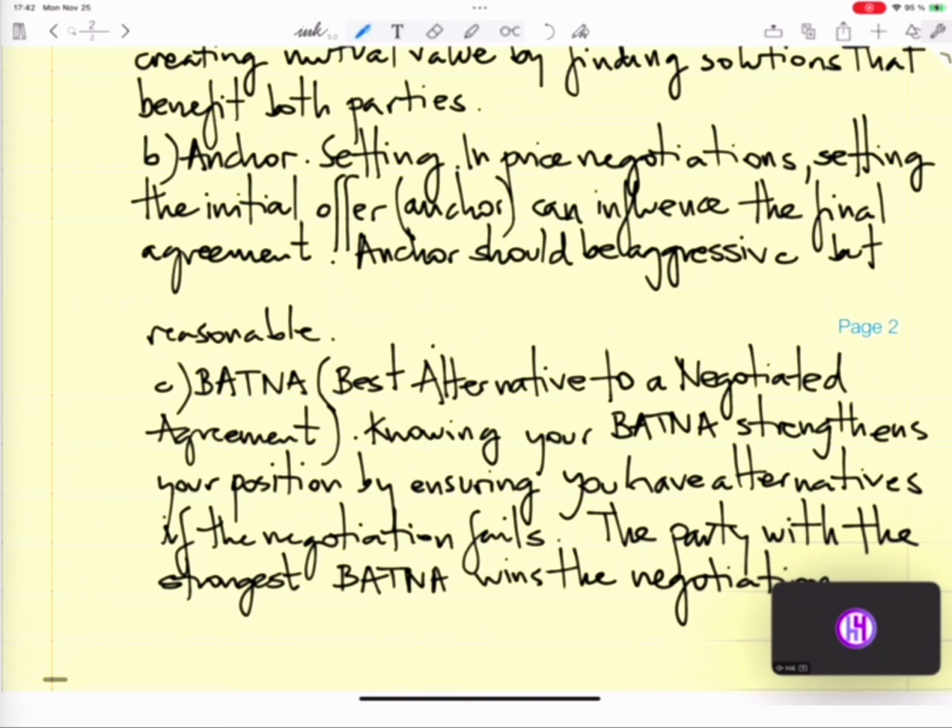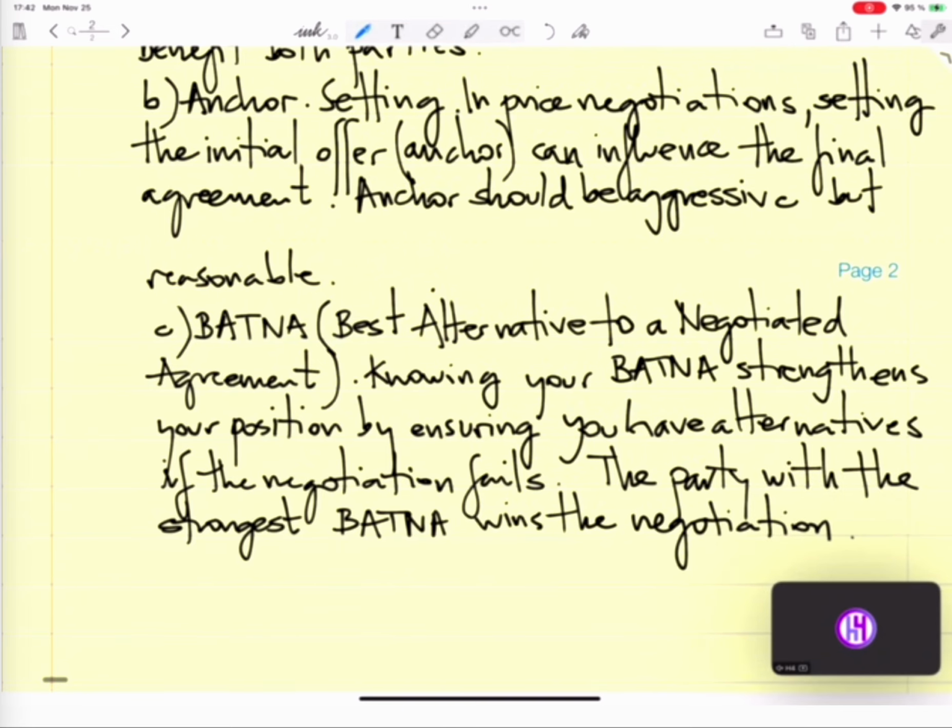Imagine an example: Ukraine against Russia. If they negotiate a peace treaty now, the fact that Trump won the elections in the US gives Russia a stronger BATNA. If they don't agree to peace, Russia is stronger, bigger, has more demographics, and can hold the war longer.